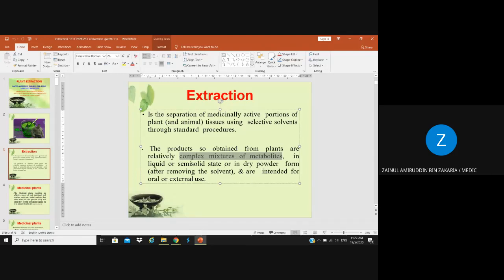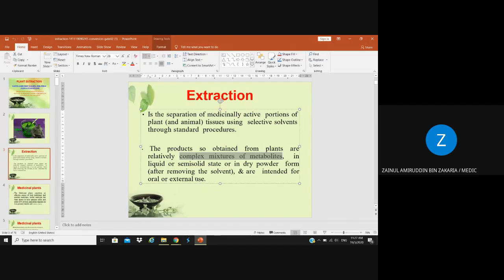So the product can be liquid, or in some semi-solid state, or in dry powder, and is intended for oral or external use, depending on what research you are doing. For example, if you are trying to find a skin whitening effect of a plant, that is for external use, so normally you try to find something semi-solid, or if you have a dry powder, you have to prepare it in a cream form for external use.